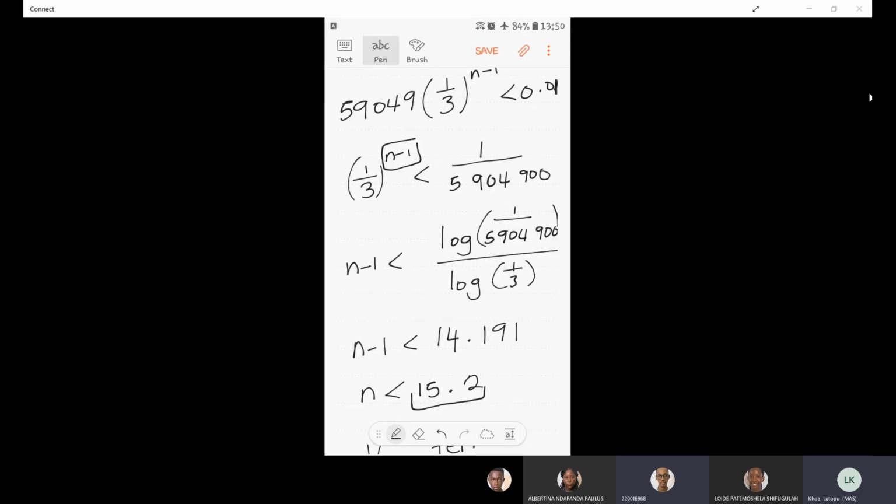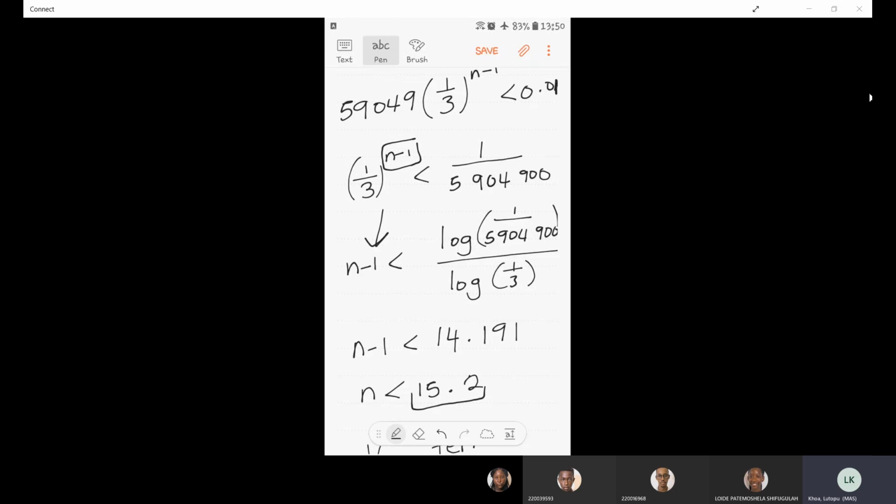I took log on both sides. Is that what you mean? Yes, ma'am. Can I just quickly write it down, please? So I just took log on both sides. Then n minus 1 is an exponent, so it will come down. And then I divide by log of 1 over 3.